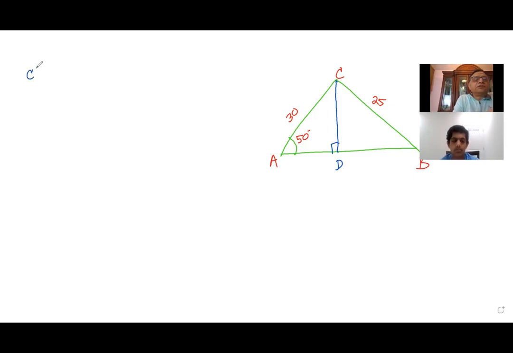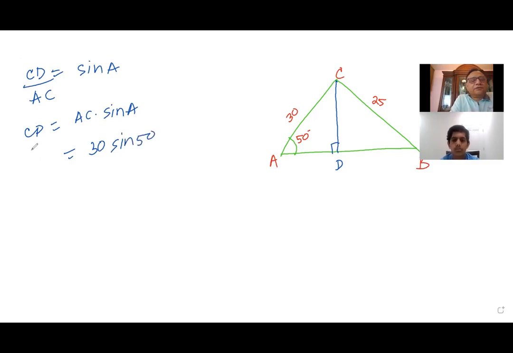CD over AC is sine A, so CD equals AC sine A, which is 30 sine 50. We got this value of CD. They are perpendicular. We figured out this was approximately equal to 23.